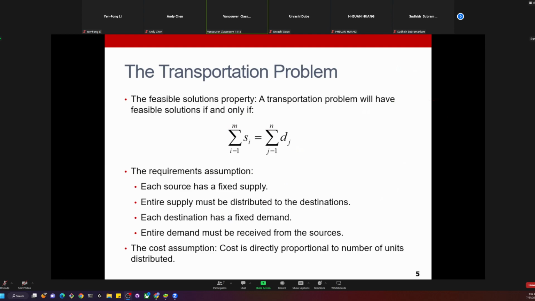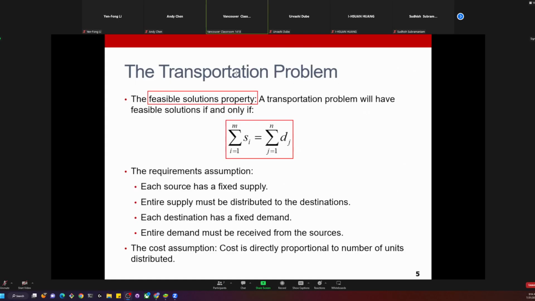Feasible solution. So there are some properties. We'll just go over these, but there's actually nothing new here. The total supplied out of all the sources together must equal the total received by all the destinations. This is the feasible solutions property. So this is saying that we're not going to produce any extra.